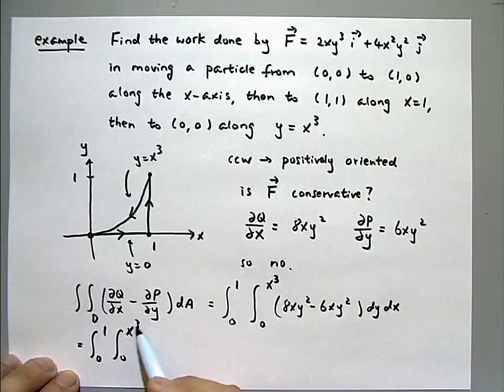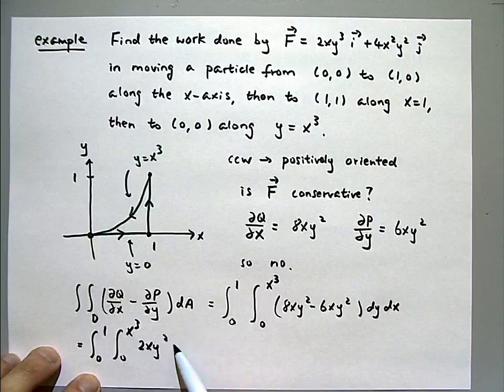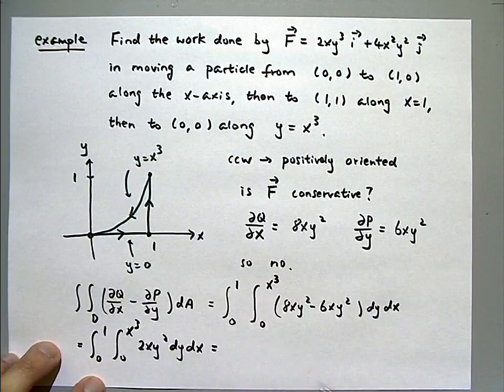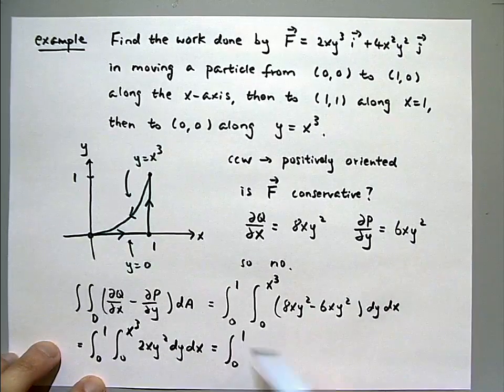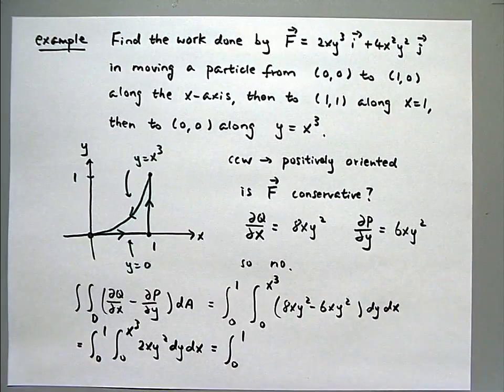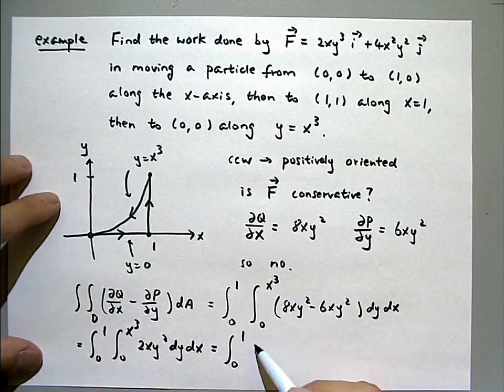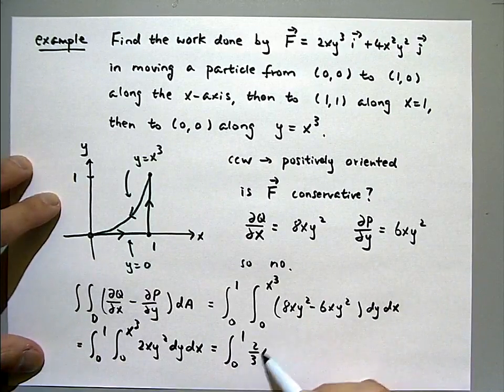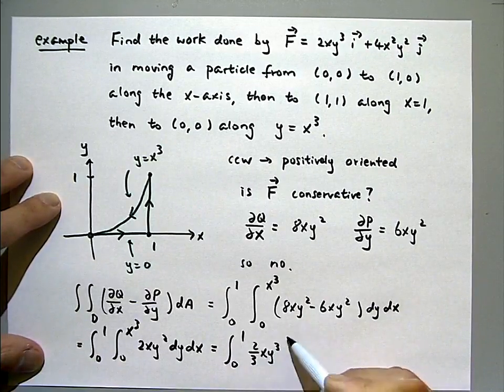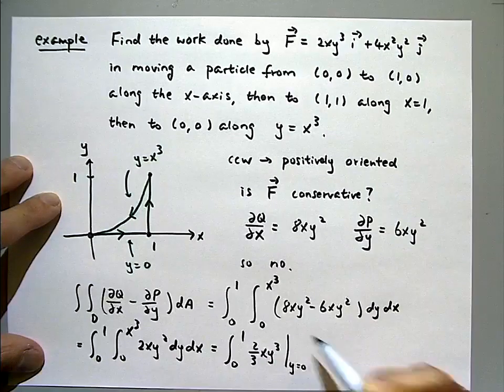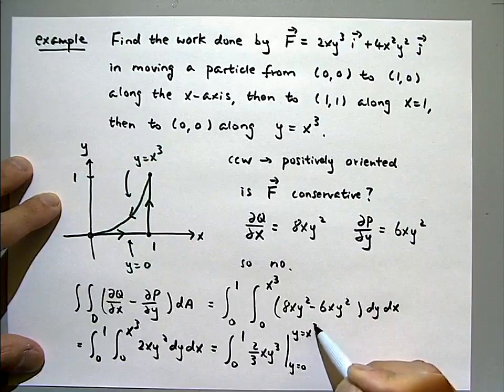And this doesn't look terribly difficult. This is the integral of 2xy squared dy dx. From 0 to 1, y first, so 2/3 xy cubed, y is 0 to y is x cubed, dx.